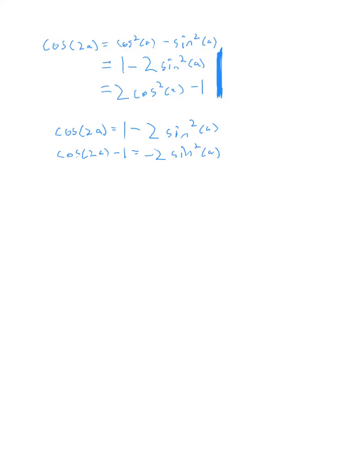Multiplying by that negative turns this into 1 minus cosine of 2a is equal to 2 times sine squared of a. And now I can divide both sides by 2 to get 1 minus cosine of 2a all over 2 is equal to sine squared of a.